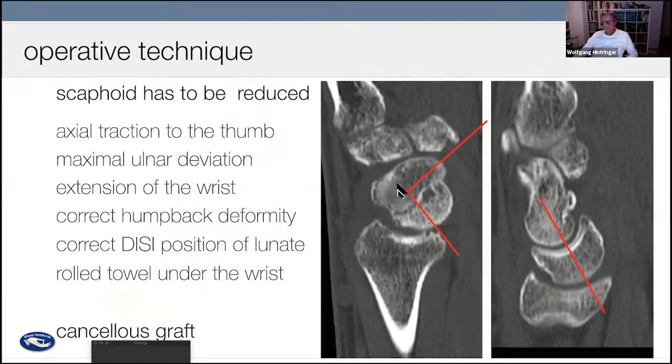The scaphoid has to be reduced from its humpback deformity through axial traction on the thumb, maximal ulnar deviation, extension of the wrist. You should extend it over a rolled towel under the wrist, and correct the DISI position of the lunate. I will show you some tricks later on how to do that.